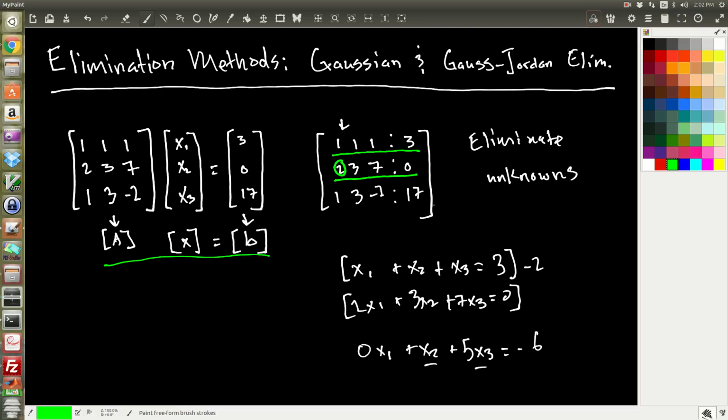In elimination methods, what we typically want to do is eliminate enough unknowns that we can solve the problem. In Gaussian elimination, we try to eliminate all the coefficients in the lower diagonal portion of the matrix.